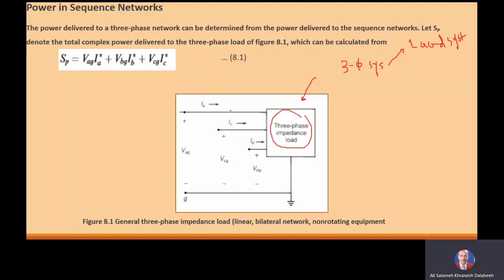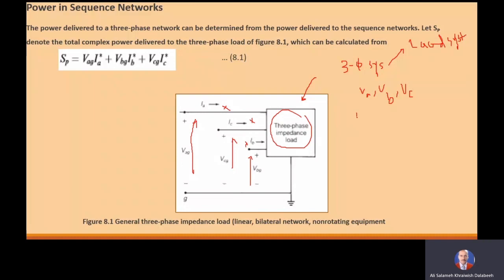As you see, we have three phases, phase A, phase B, phase C, okay? And we have three voltages, the phase voltage of A, the phase voltage of B, and the phase voltage of phase C. So we have three voltage quantities, VA, VB, VC.